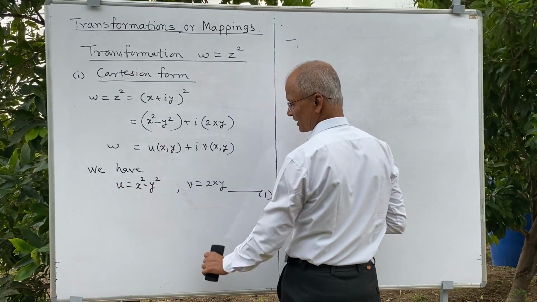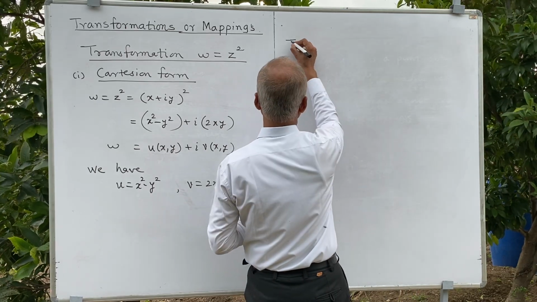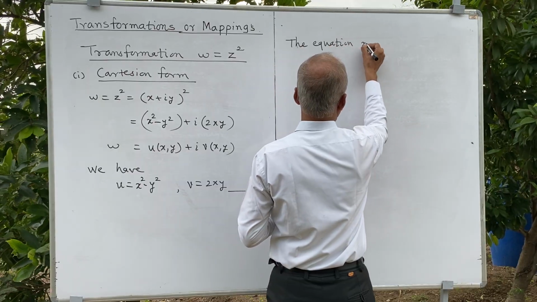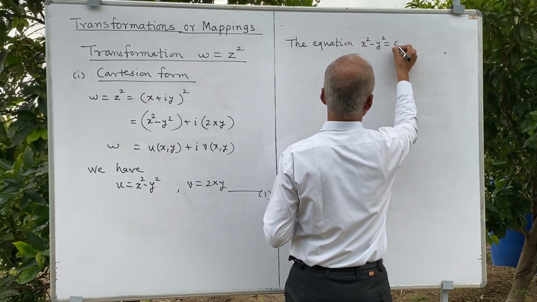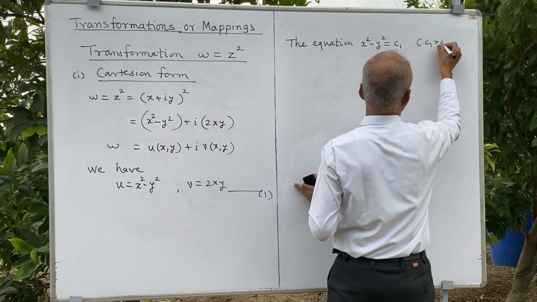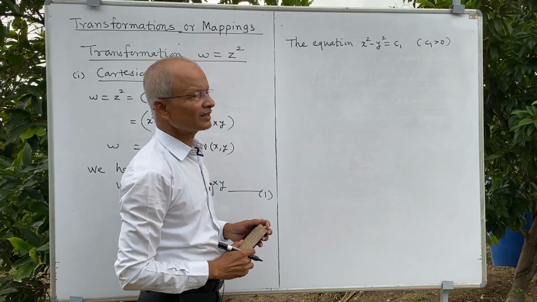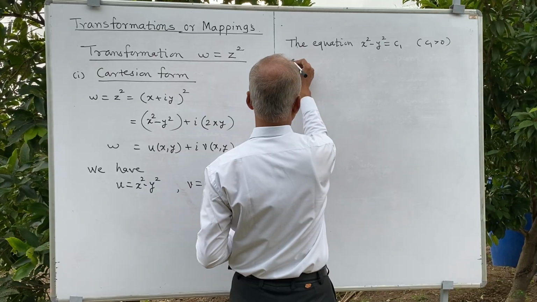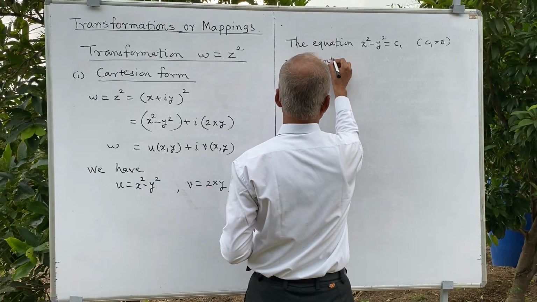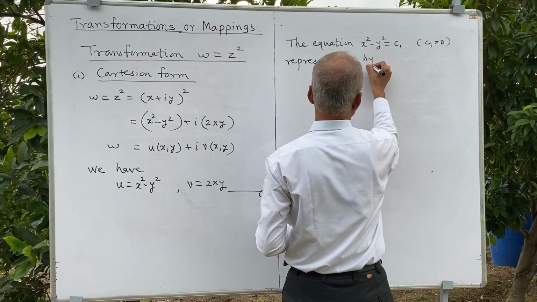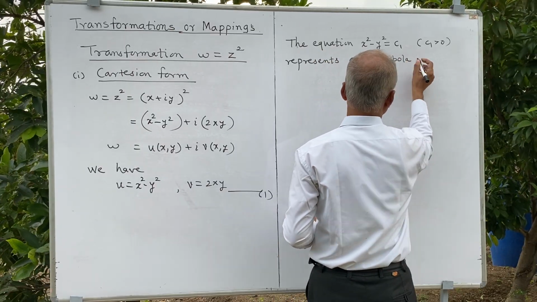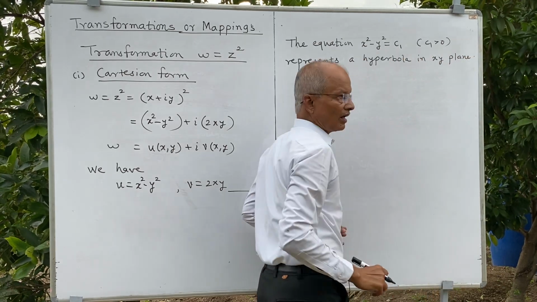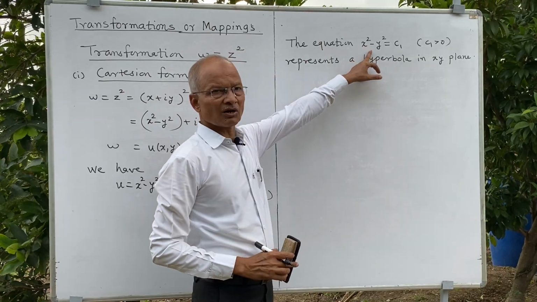We shall consider x square minus y square is equal to c1, and we will assume c1 is greater than 0, and that will represent a hyperbola in the xy plane. So this is the equation of a hyperbola.